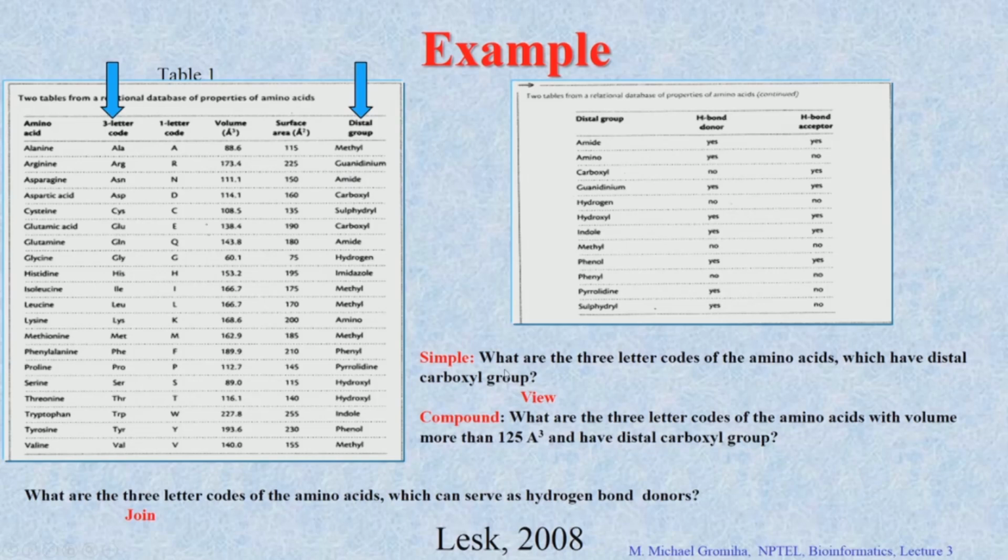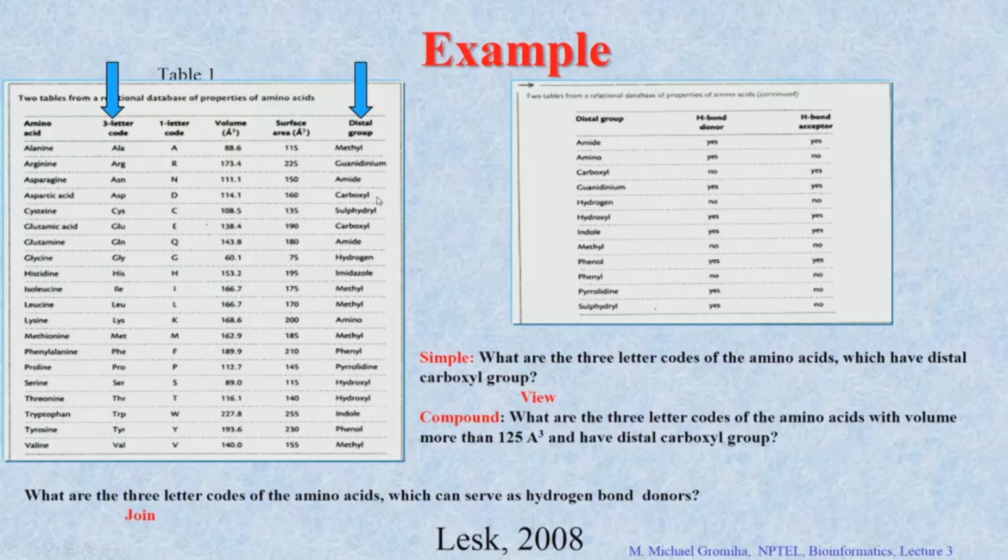Now, the question is, what are the 3-letter codes of amino acids which have a distal carboxyl group? So, what to do? Go to the distal group. The question is the carboxyl group. So, here is the carboxyl, here is the carboxyl.